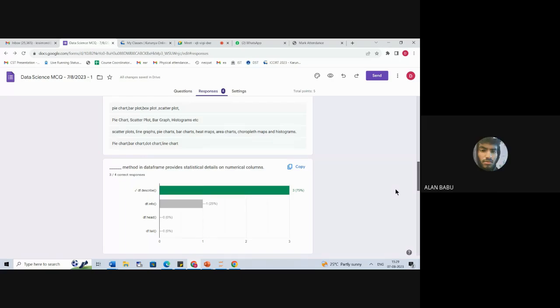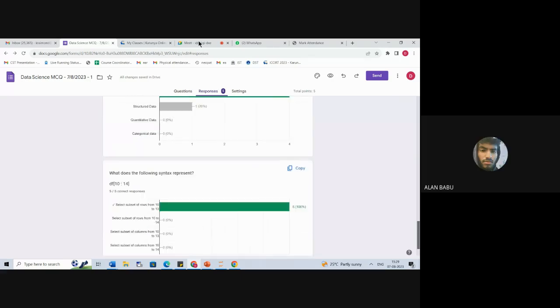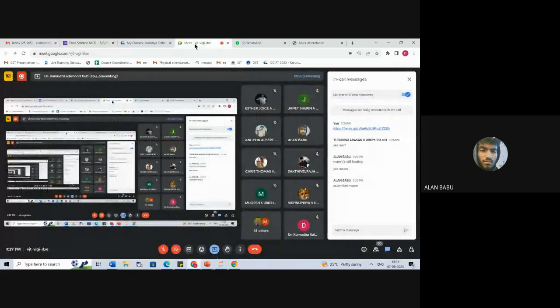Ma'am, for that first question, just the data visualization charts, is it supposed to be an option or is it supposed to be whatever we have to write?